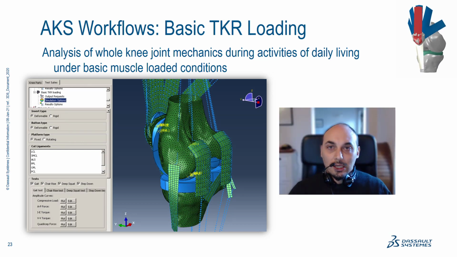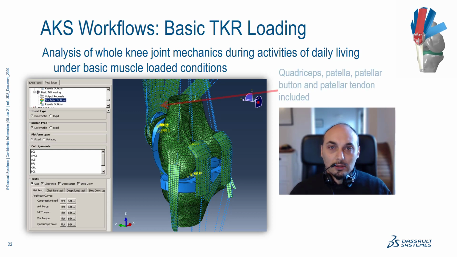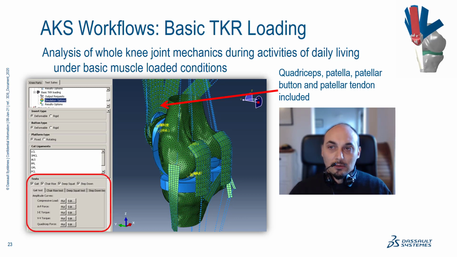Also, we can analyze the basic TKR loading. Here we have the whole knee joint performing daily activities. So all the ligaments, the femur, the implant, but also the mechanics of the muscles. Very important here because we have a very complex model with quadriceps, patella, patellar button, patellar tendon, and so on.